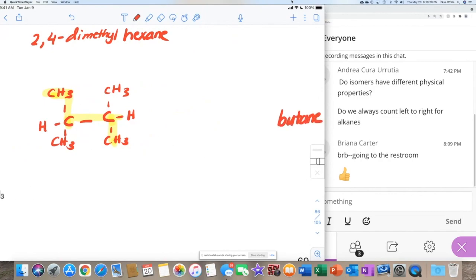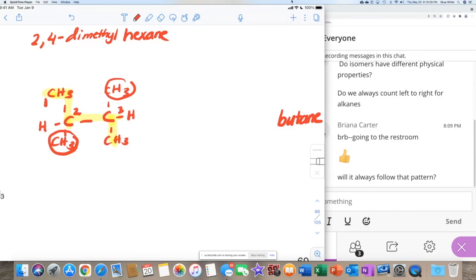What are my side groups that do not make the longest chain? This is one of my side groups. This is one of my side groups. Oh, I forgot to number. Okay. 1, 2, 3. We're always following the pattern. This whole class, patterns, patterns, patterns. 1, 2, 3, 4. So on carbon, I have 2 methyl.